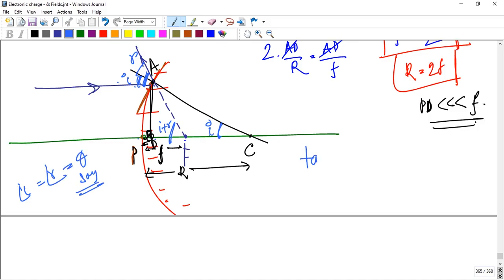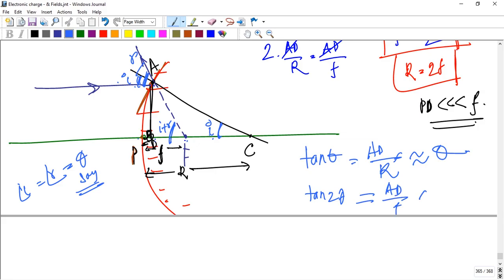Suppose tan theta means AD by DC, which is R, and tan 2 theta is almost equal to 2 theta, which means AD by DF, that is AD by F.